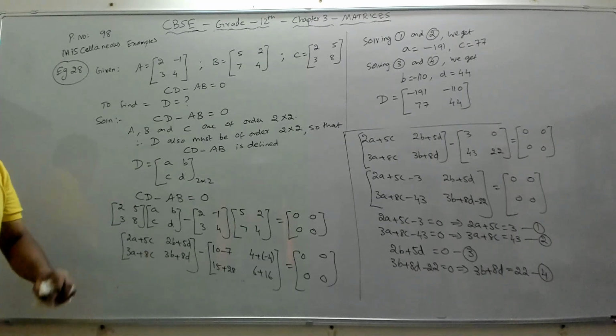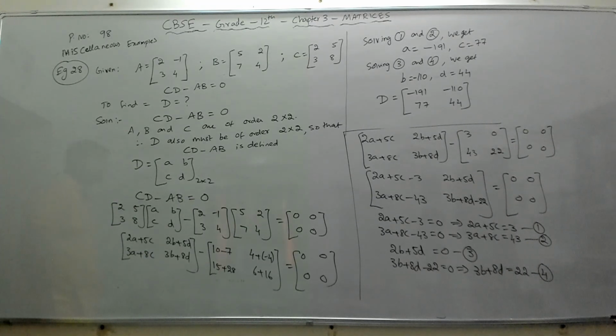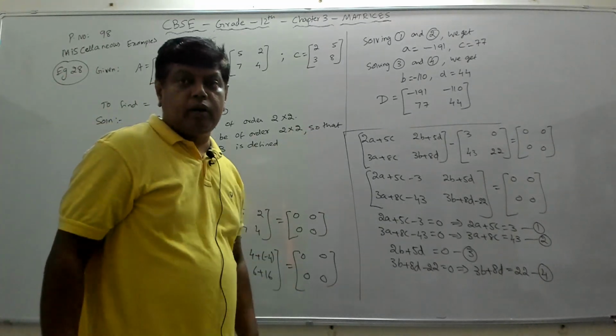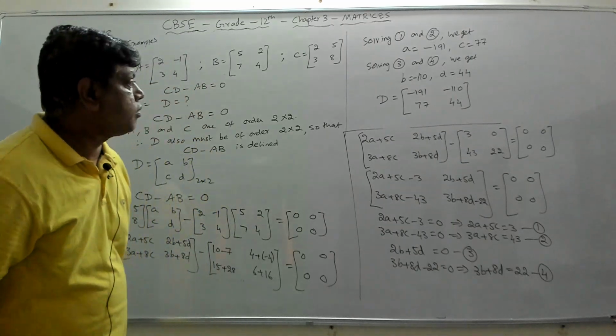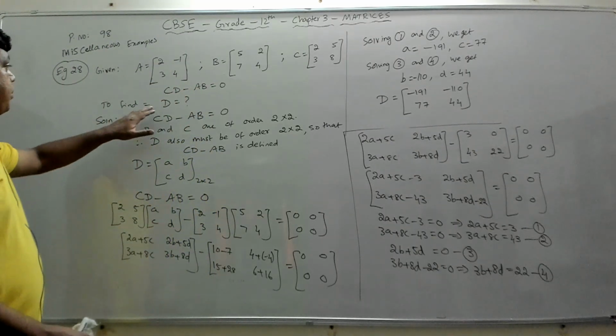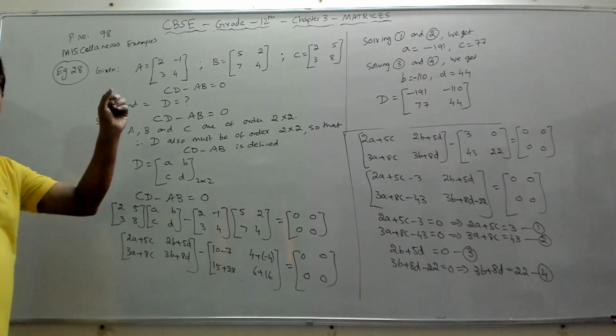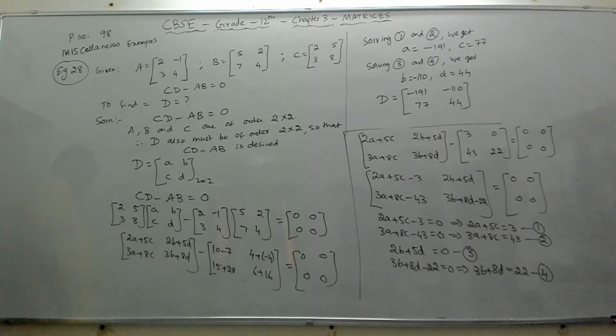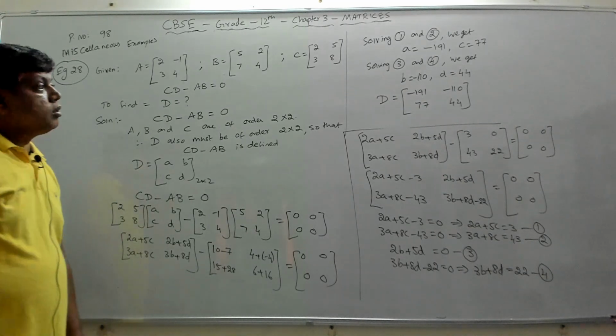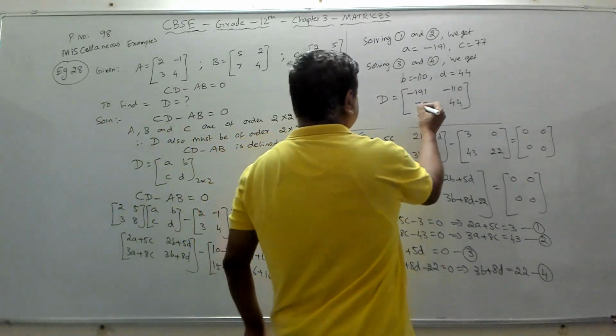So this is your D matrix. Fine. So we have found the matrix D. Matrix D is minus 191, minus 110, 77 and 44.